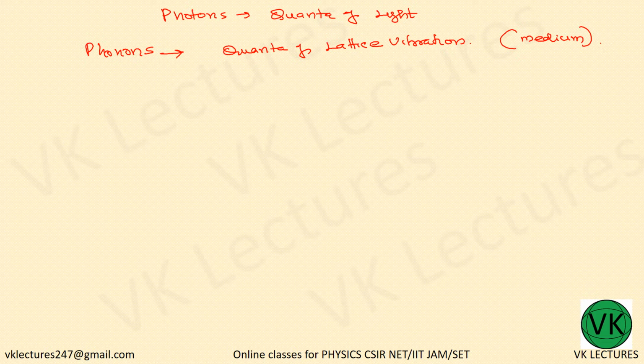Now when you talk about phonon vibrations and the motion of the phonons, we talk about the group. Their velocity, as you know, is given by d omega by dk, or another formula is dE by dP, energy and momentum. This you can also write as 1 by h cross dE by dk. H cross k is nothing but p.